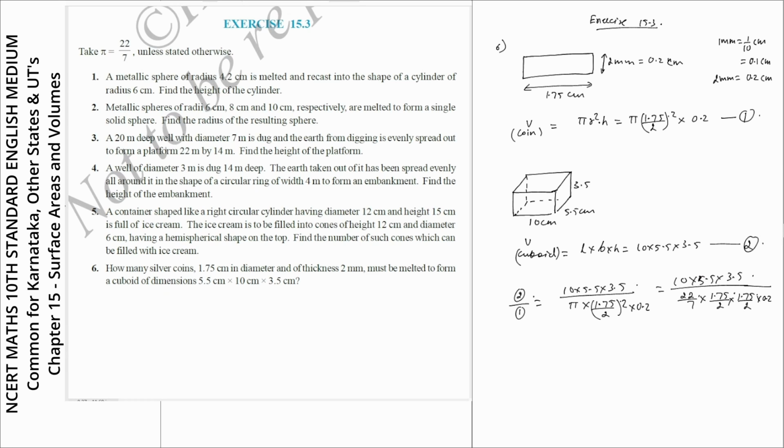Now I'll bring all the denominator to the numerator. The numerator will be as it is, 10 into 5.5 into 3.5. When I bring 22 by 7 to the numerator, it becomes 7 by 22. When I bring 1.75 by 2 to the numerator, it becomes 2 by 1.75, and one more is left, that also will become 2 by 1.75. So this 0.2 is as it is in the denominator.